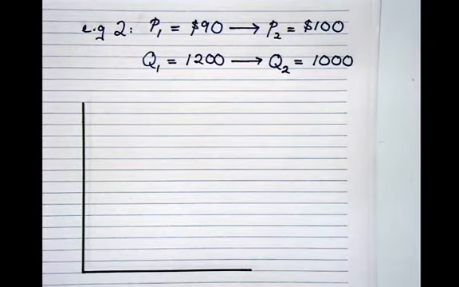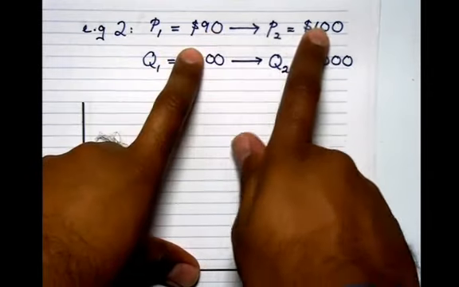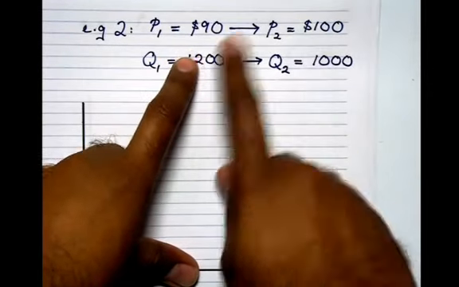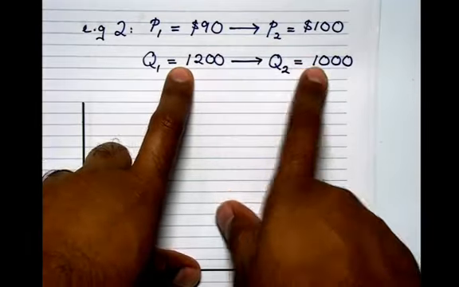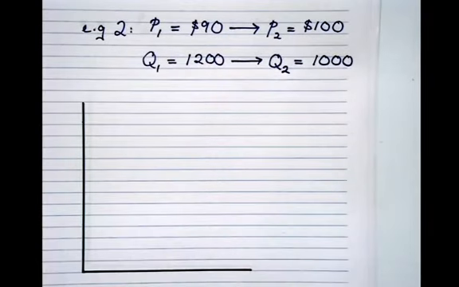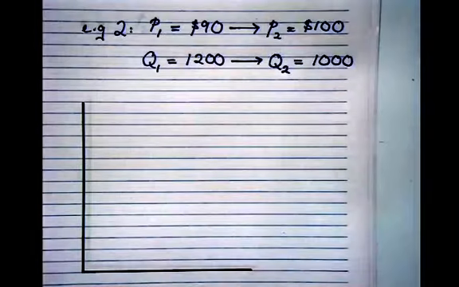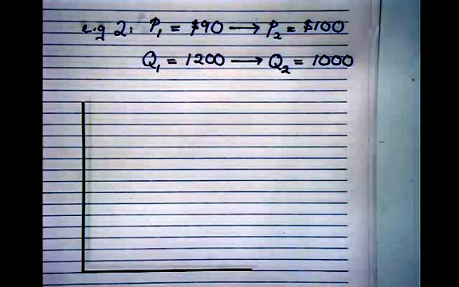So first calculate the percentage change in price, then calculate the percentage change in quantity. And then divide across.